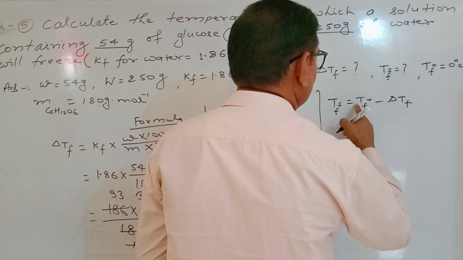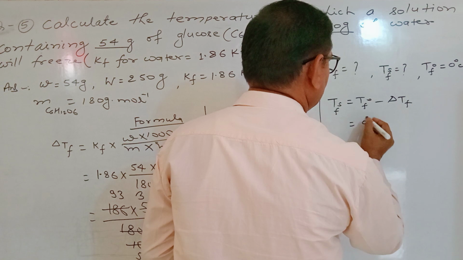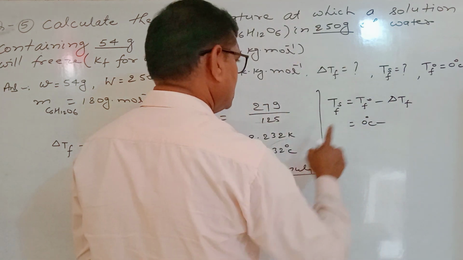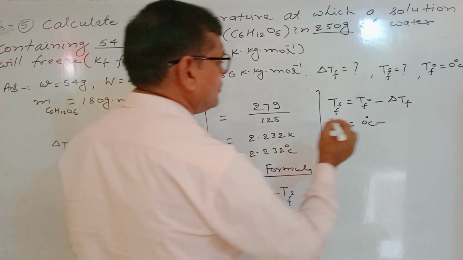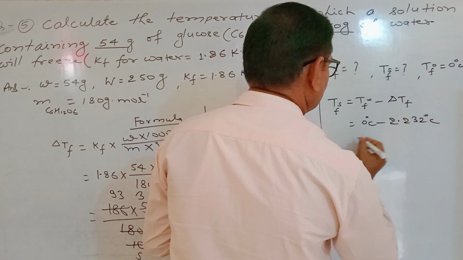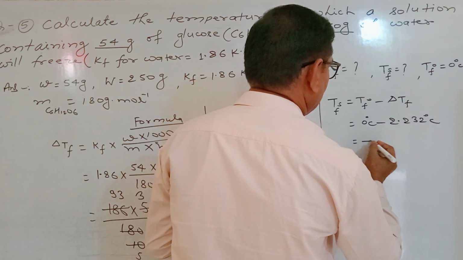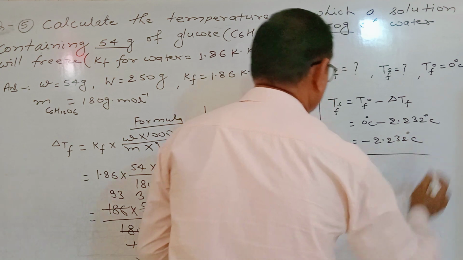The value of Tf naught is equal to 0 degree Celsius minus we write the value of delta Tf is equal to 2.232 degree Celsius, and the answer will be minus 2.232 degree Celsius. It is the answer.